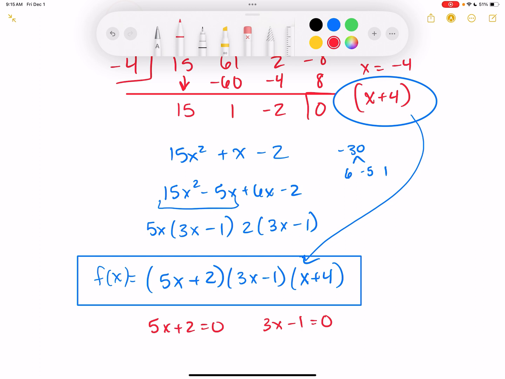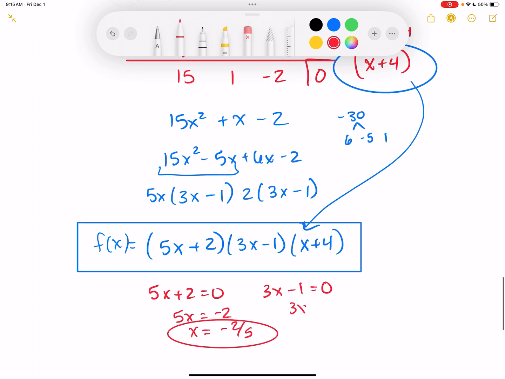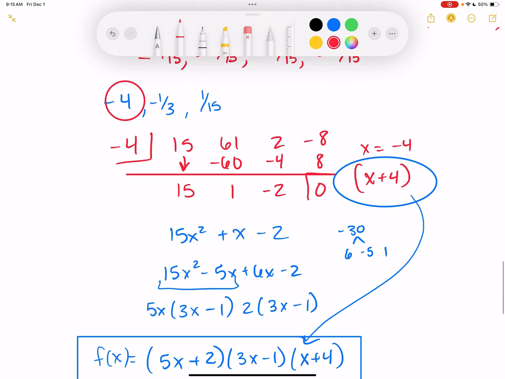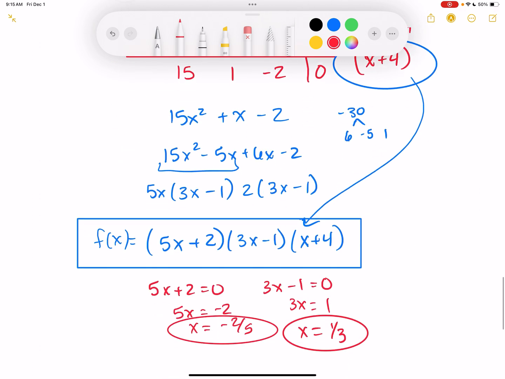So this would be 5x equals -2, so x equals -2/5. That was not what I had guessed. So -2/5 is another zero. And then 3x equals 1, so x equals 1/3. Again, not what I had guessed. If I had just done it by synthetic, I would have been doing synthetic for a while. So -2/5, 1/3, and -4 were all my zeros.